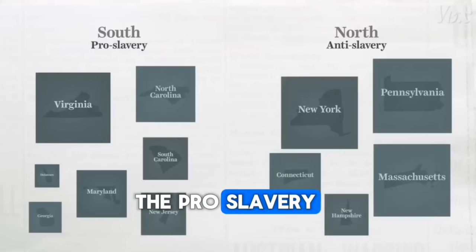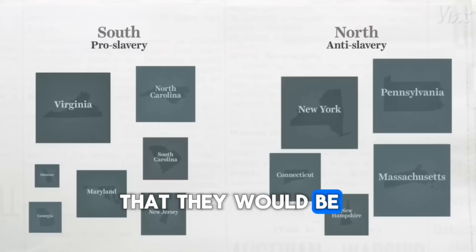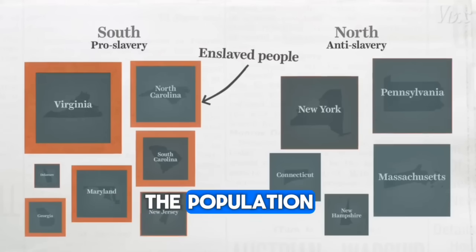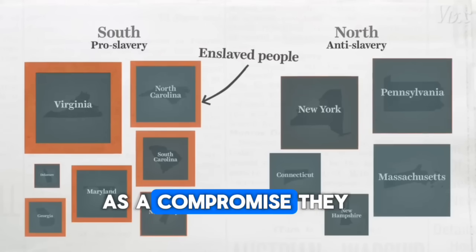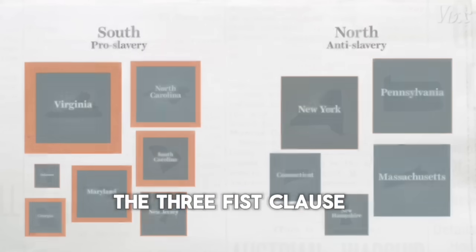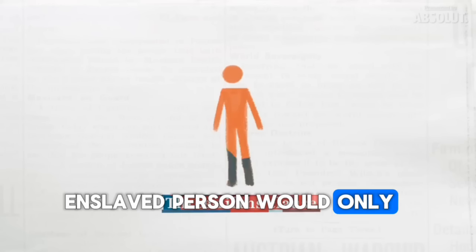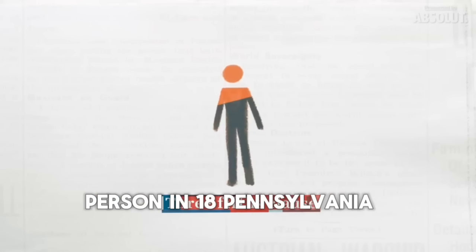The pro-slavery southern states were worried that they would be constantly outvoted and wanted enslaved people to count in determining the population. As a compromise, they settled on something called the 3/5 Clause. It established that an enslaved person would only count as 3/5 of a person.